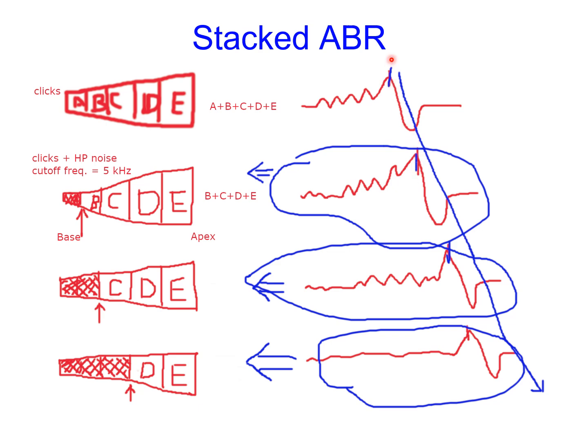The first wave 5 is here, and the second wave 5 has a longer latency because of the high-pass noise with a cutoff frequency at 5K. Because we introduced the ipsilateral high-pass masking noise, ABR wave 5 will have a prolonged latency.